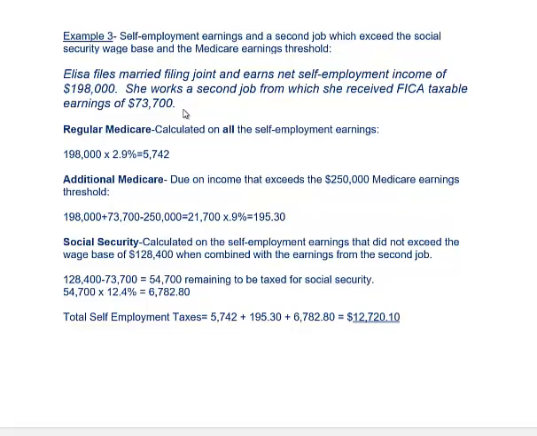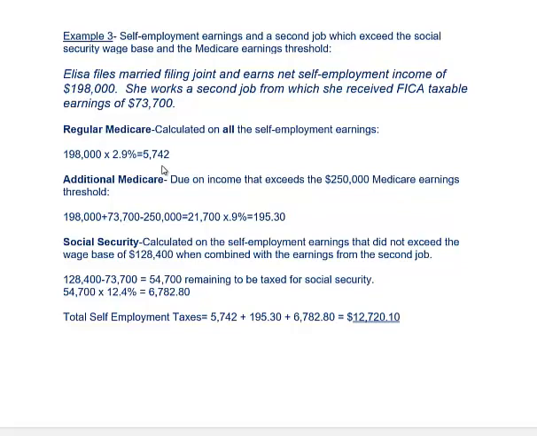So first thing, we'll calculate regular Medicare. Regular Medicare is applied to all the self-employment earnings. So 198,000 times 2.9% gives us $5,742 in regular Medicare.